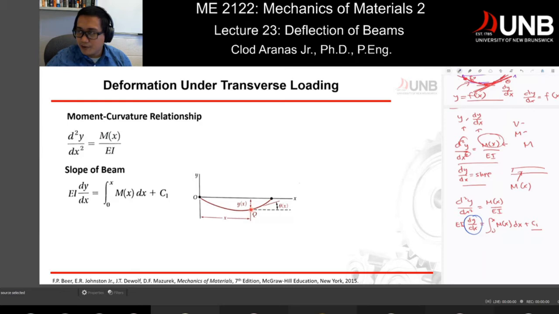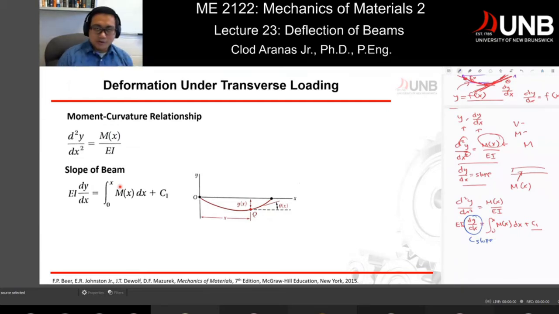So at any point in x, if that's the deflection of your curve, at some point it has a tangent line. You can apply a tangent line right here, and whatever angle that is, that's your slope. Now, again, this theta sub x is just equal to your dy over dx. That's the same thing, so that's basically this equation here. This is the slope of your beam.